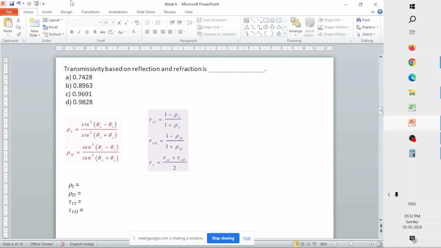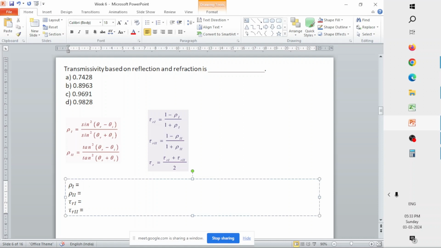First you are supposed to calculate the polarization components due to reflection and refraction, that is your rho 1 and rho 2. Once you get the value of rho 1 and rho 2, you are supposed to calculate tau r1, tau r2, and tau r, that is nothing but (tau r1 plus tau r2) by 2.